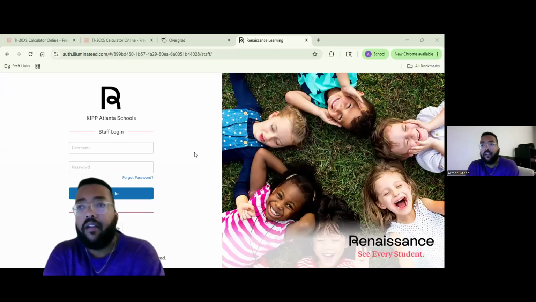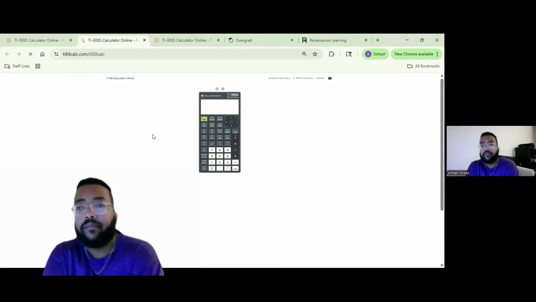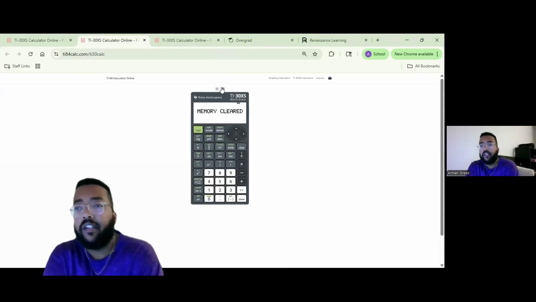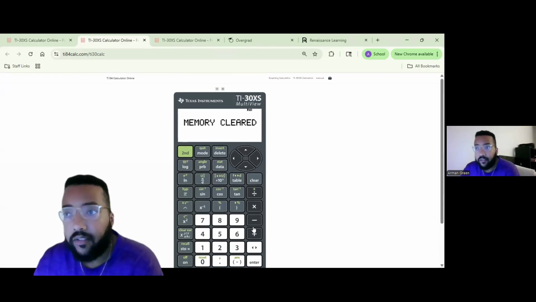Okay, so we are looking at how we can type this on our calculator. Now, we can't see that, so I'm going to zoom in as much as possible. Okay, hopefully we can all see this on our screens.